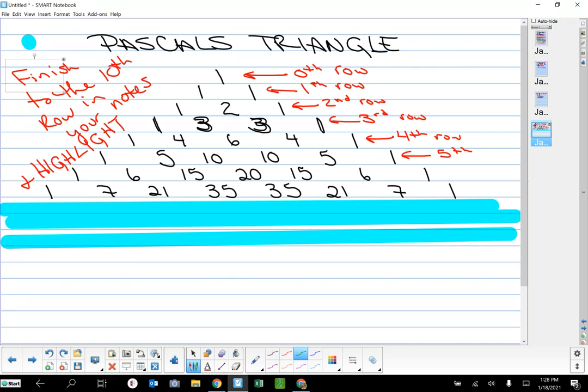If asked to use the binomial formula to expand, you can use Pascal's triangle. So expand x minus 3 to the 5th. What you want to do is find the 5th row.